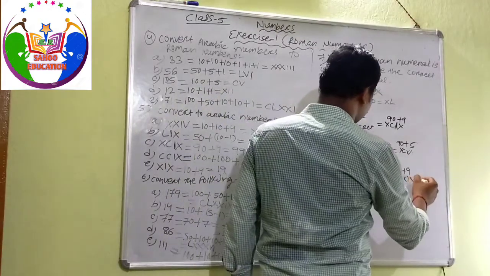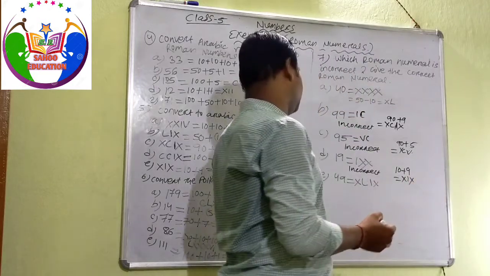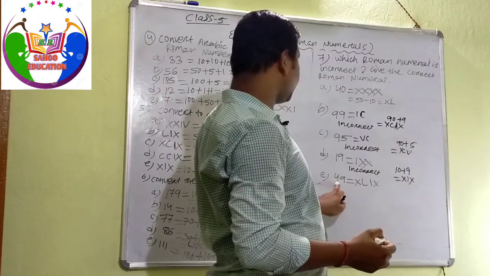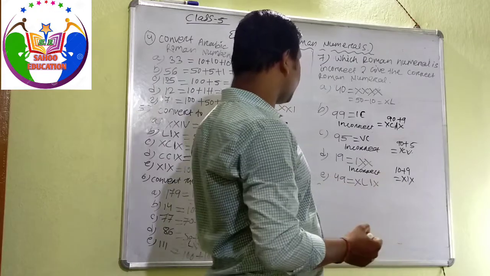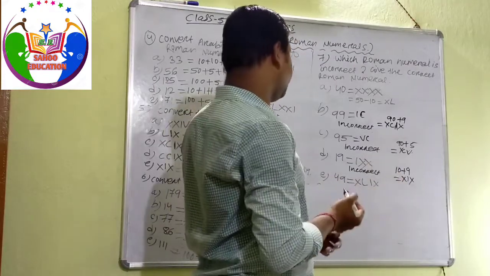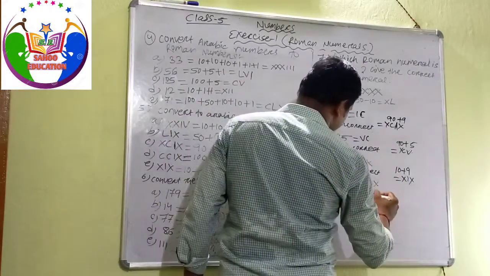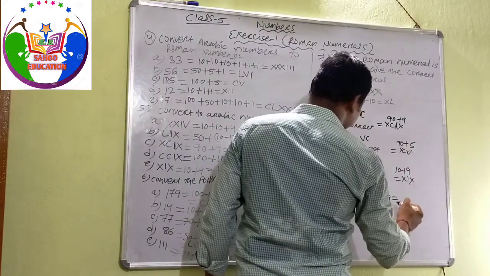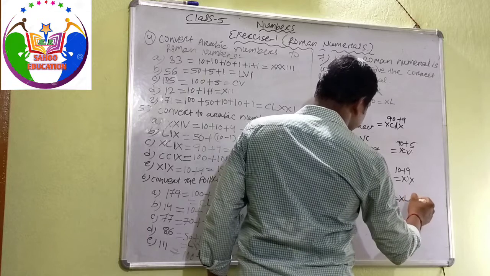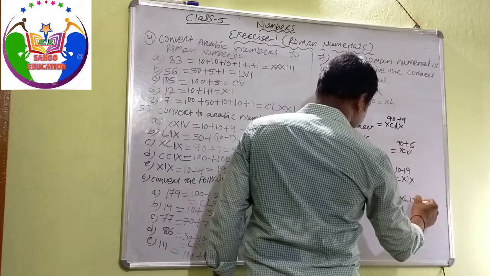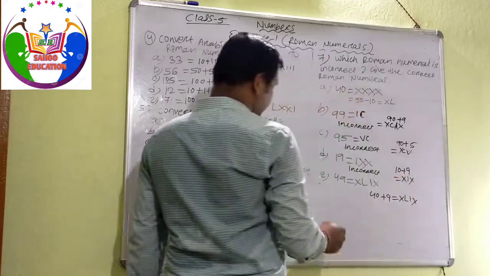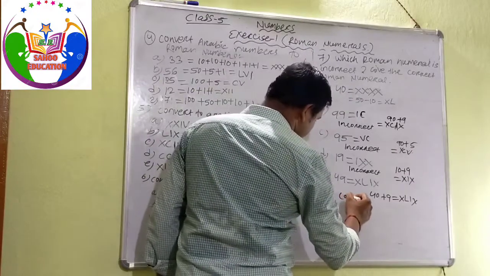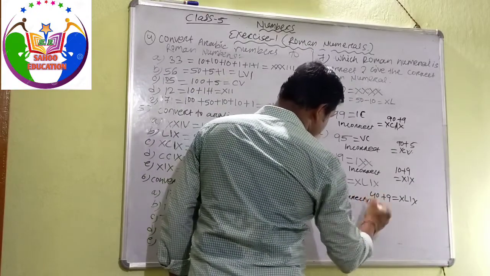So XIX is the correct answer. Now 49 is written as XLIX. We'll see, 49 is 40 plus 9. You know 40 can be written as XL, 9 is written IX. So this is the correct answer.